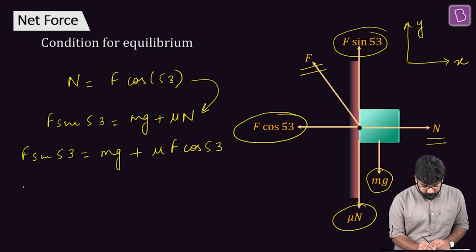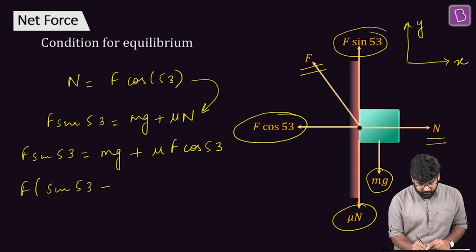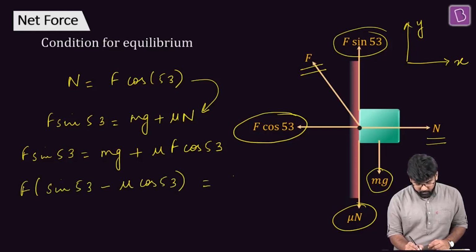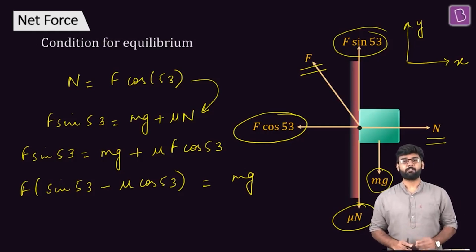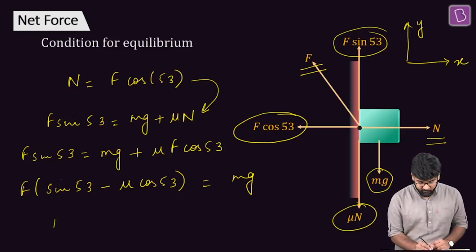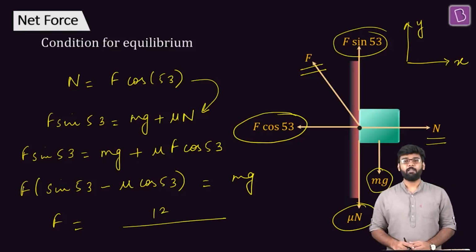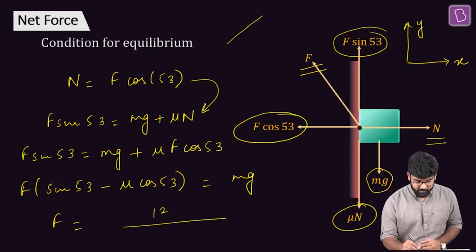So we'll get F times (sin 53 minus mu cos 53) is equal to mg. And the mg value is given to us in the question: the weight of the block is 12 Newton. So we get F as 12 upon sin 53. Sin 53, as we know from the triangle of sides 3, 4 and 5.